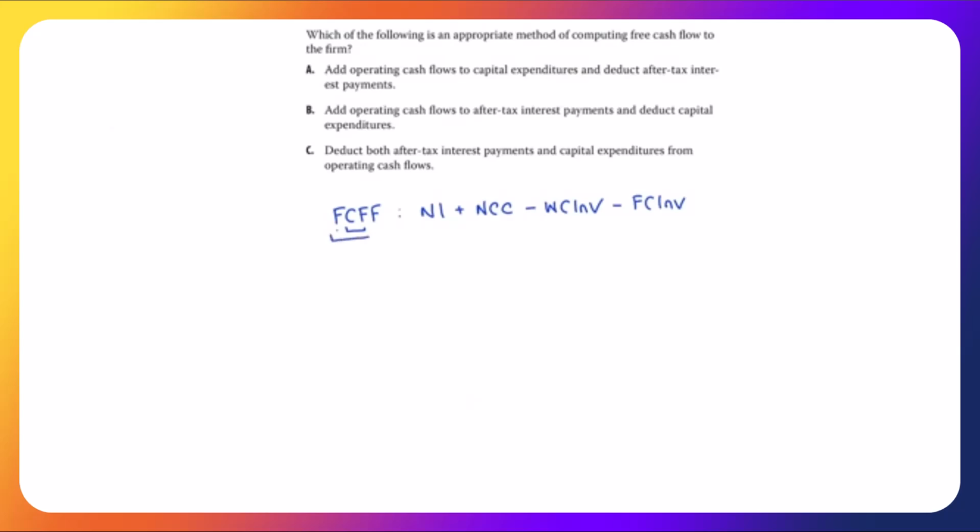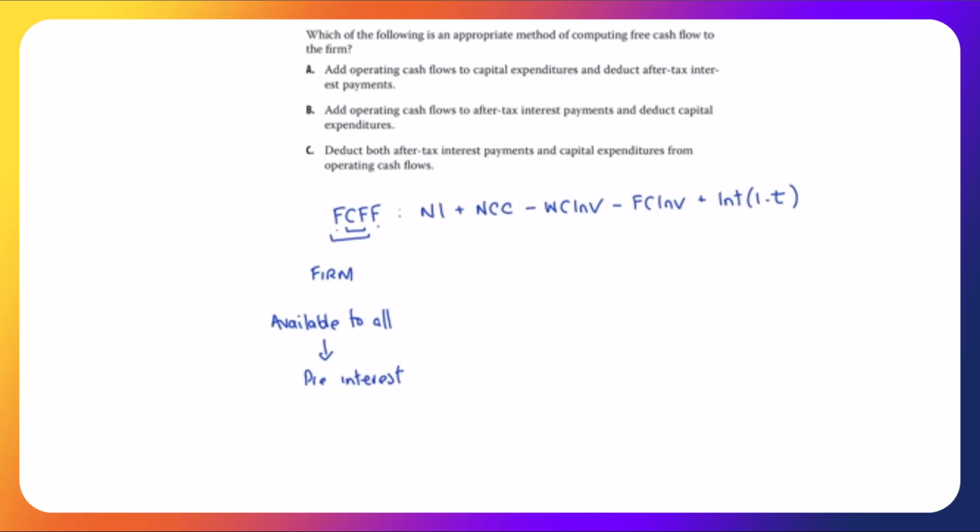Now I have a free cash flow, but it's got to be to the firm. To the firm means available to everybody, available to all. So it's my big sack of cash, before I've paid out anybody, which means it has to be pre-interest. So I need to add back my interest after tax.